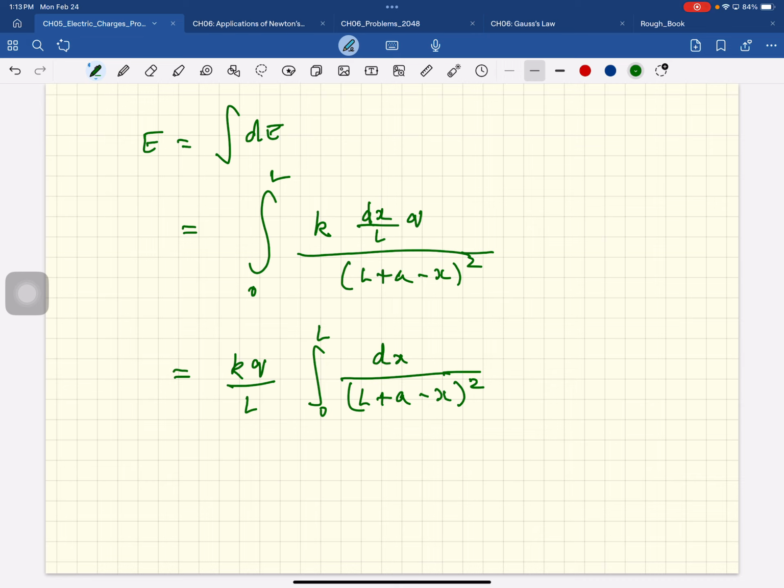You can check this out. The integral of this is just 1 over L plus A minus x.